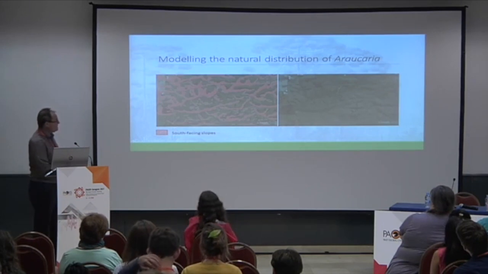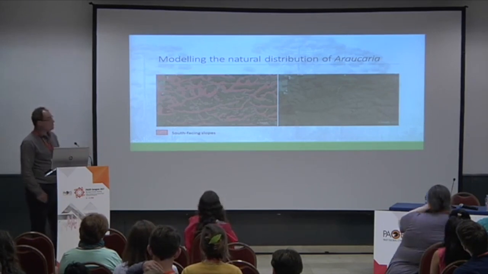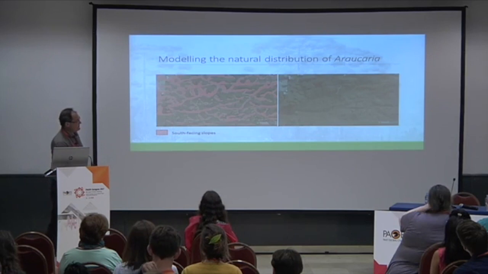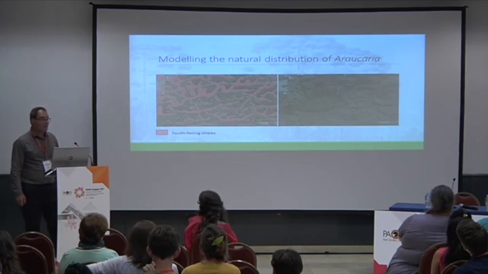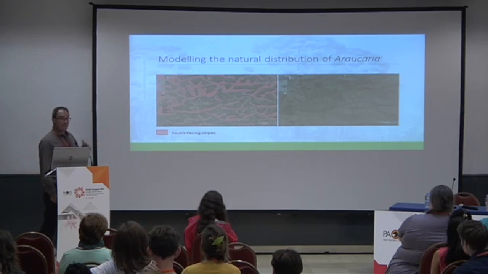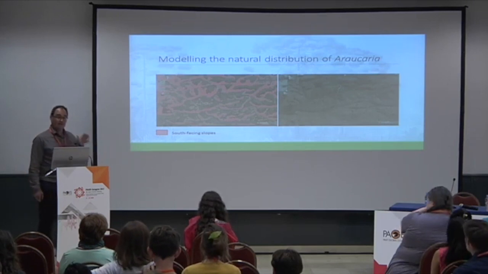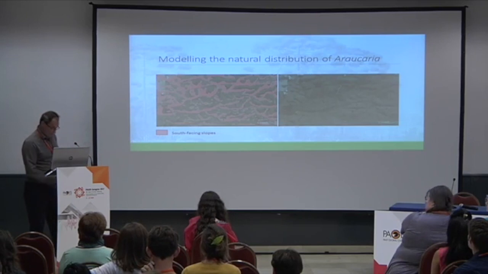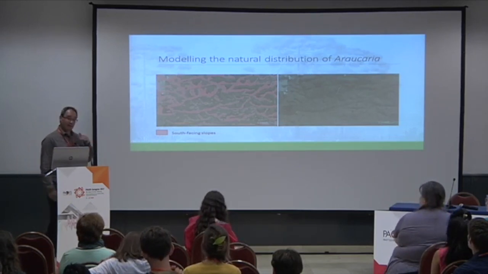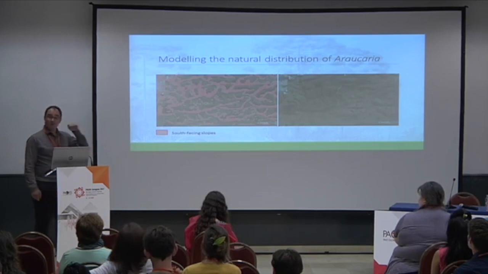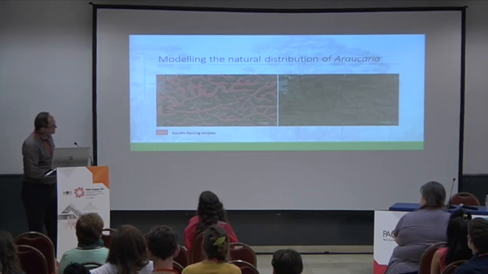Here in pink, you can see our model, and as you can see, it predicted very well. In areas where there is no archaeology, we can see that the Araucaria forest is pretty much restricted to the south-facing slopes, with no forest in the northern slopes or in the plateaus.